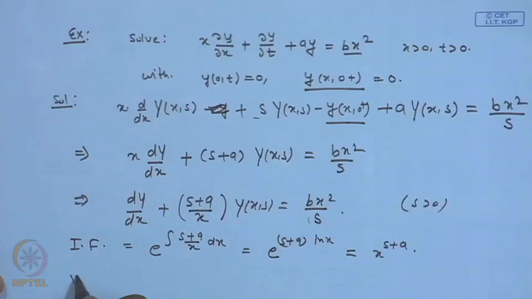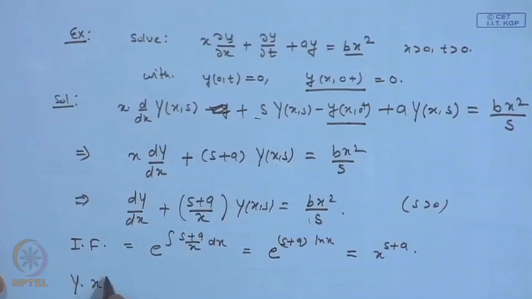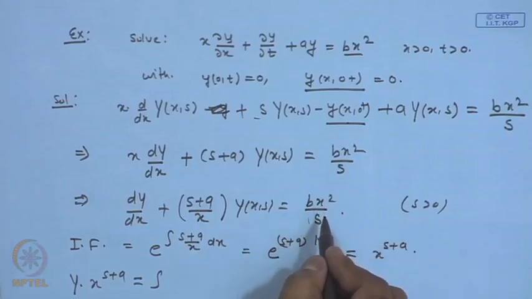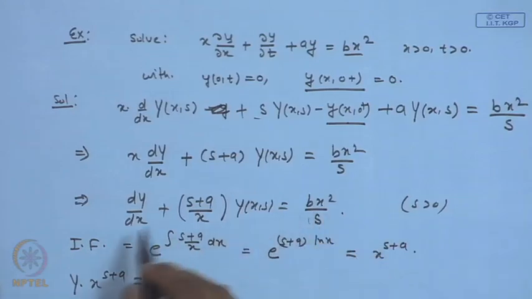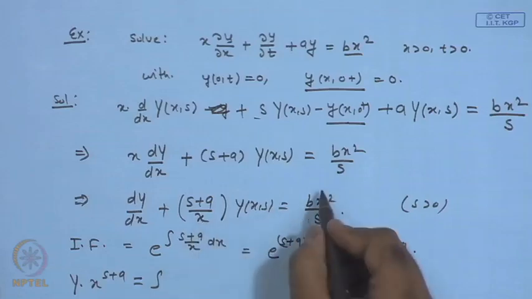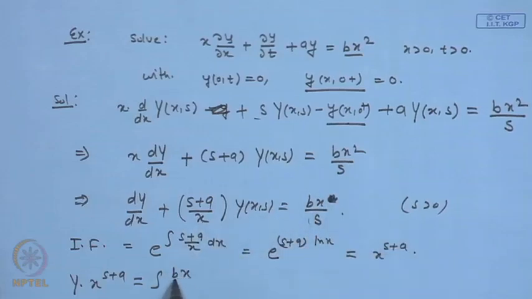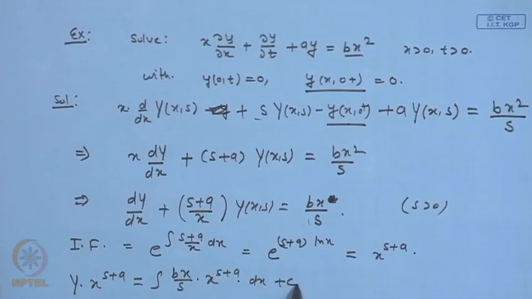And then the solution y(x,s) times x to the power s plus a equals the integral, the right hand side we have b x squared, divided by x. So, we have here b x over s, so we have the integral of b x over s times x to the power s plus a dx, and we have a constant.